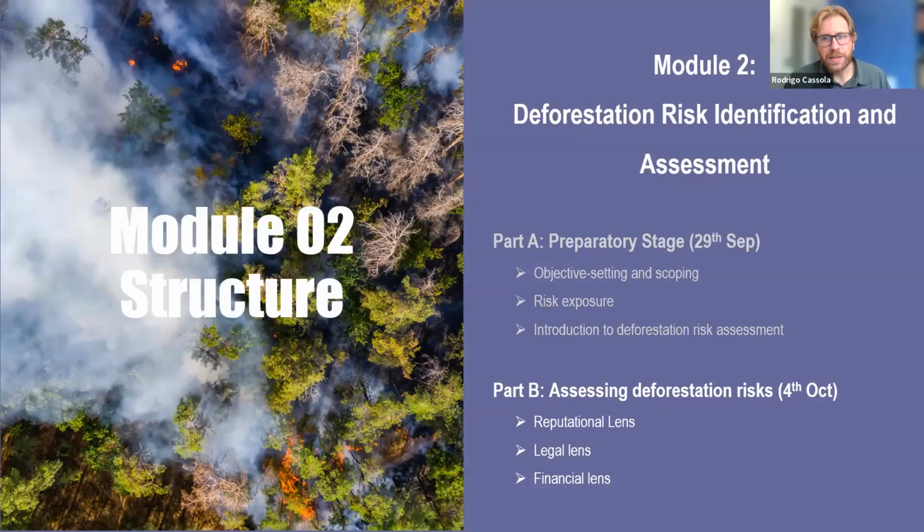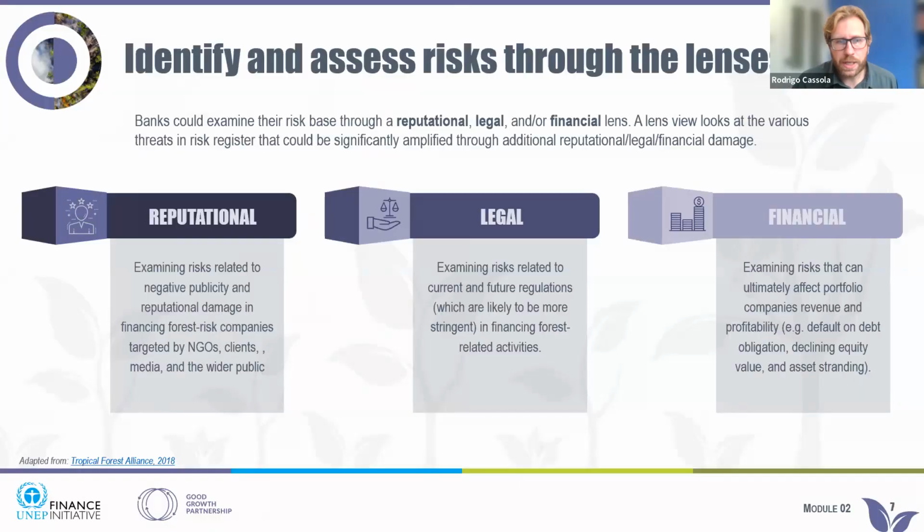As always, Module 2, as Lara just mentioned, will be covering the three lenses that we presented last week. So reputational lens, legal lens, and financial lens. Next slide, please. I will be starting talking about the reputational lens, examining risks related to negative publicity and reputational damage associated with financing forest risk companies or companies that are operating in forest risk jurisdictions.